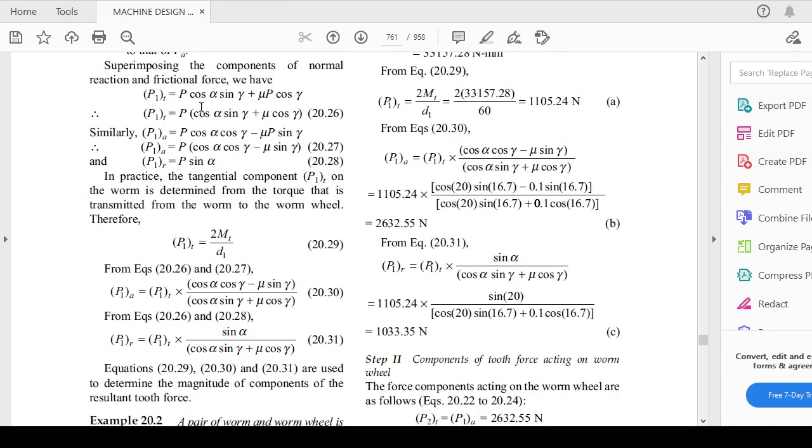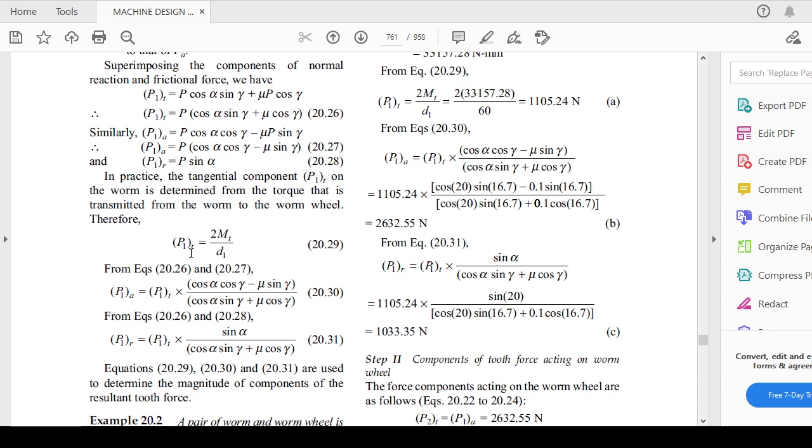If you reiterate or solve the equations, you can also see that P1T can be rewritten as P cos alpha sin gamma plus mu cos gamma, if you add the frictional forces in the picture. Whenever you incorporate frictional forces, the tangential force will look like this, and your axial force will be P cos alpha (cos gamma minus mu sin gamma).